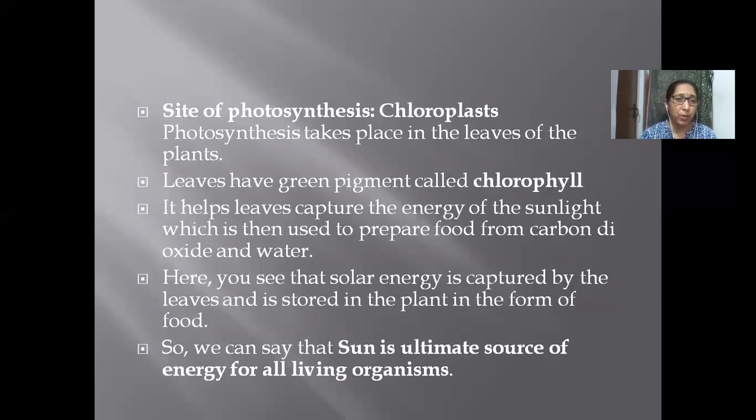Students, this process is called photosynthesis, right? So photo means light. This light is trapped by the chlorophyll pigments, essential for the process. During the process, the conversion of light energy to chemical energy is taking place. Because light is required here for the process, we say that the sun is the ultimate source of energy for all living organisms.